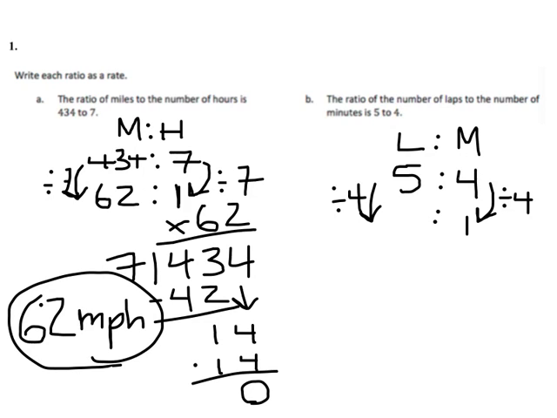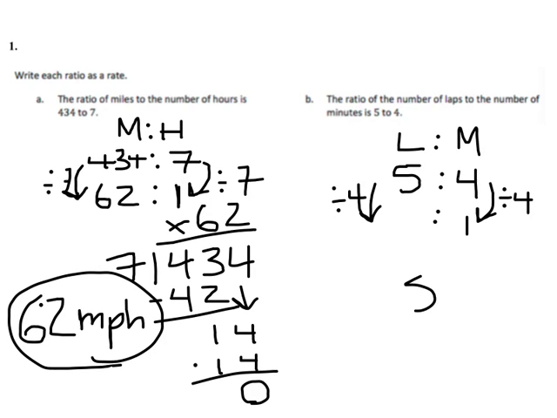So when you see the ratio of the number of laps to the number of minutes is 5 to 4, to find the rate, you can just do 5 divided by 4. Same thing over here. Miles to hours, 434 to 7. You just divide 434 by 7. So let's do it over on the right.